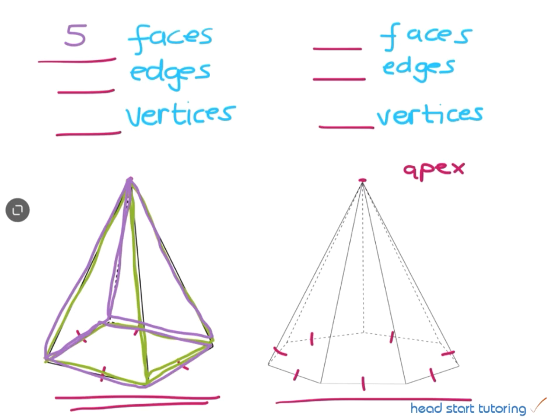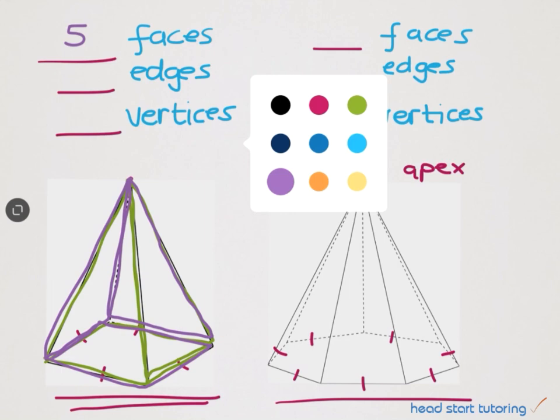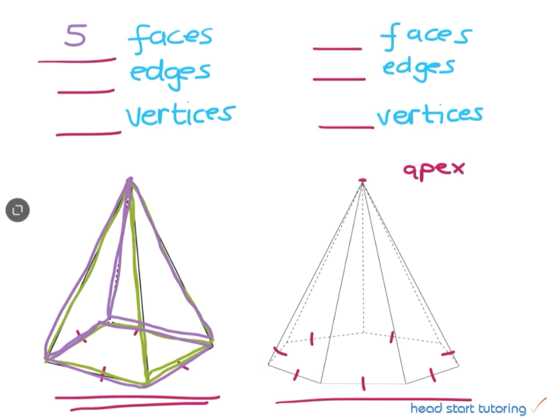Right. So let's have a look at how many edges our square pyramid has. So we have got 1, 2, 3, 4, 5, 6, 7, 8 edges altogether.